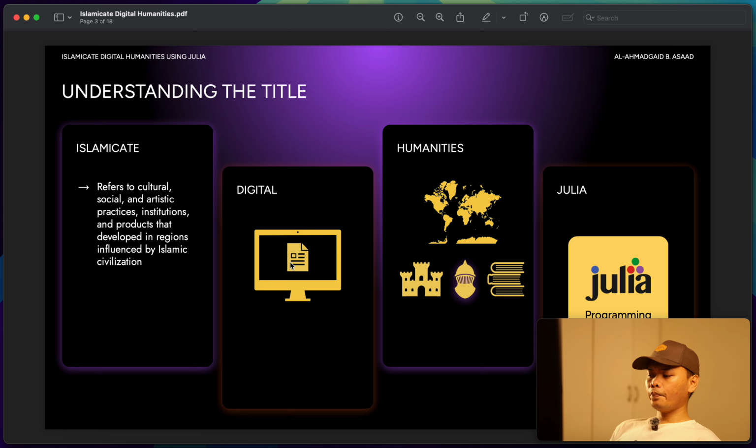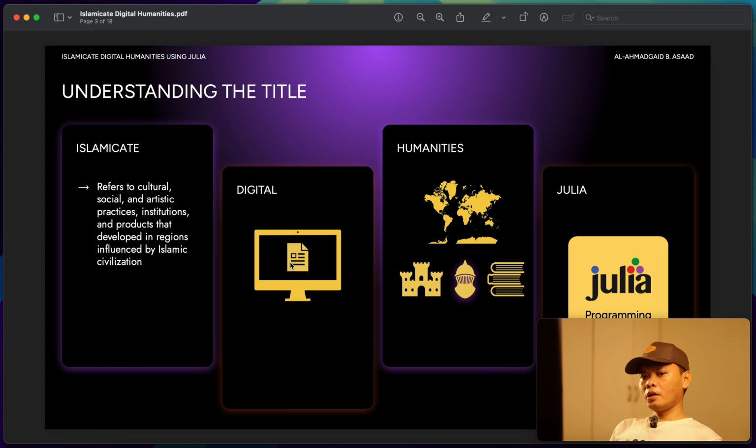So that's digital humanities. Now, what do you mean by Islamicate? When we say Islamicate, we are referring not only to Islamic topics, but to anything that was influenced by Islamic civilizations. It could be arts, or the architecture of some buildings, for example, not necessarily a mosque, but influenced by Islamic civilization simply because they were part of the Islamic empire in history.